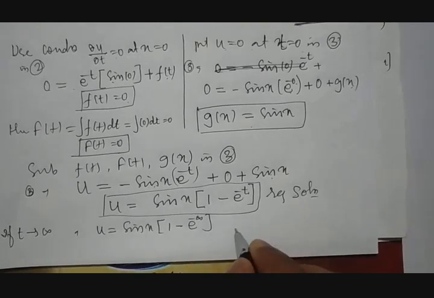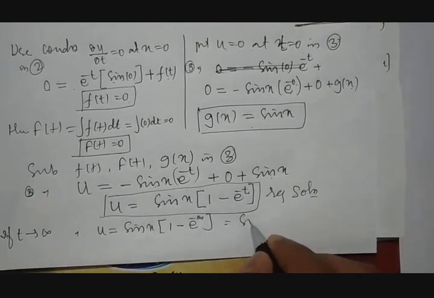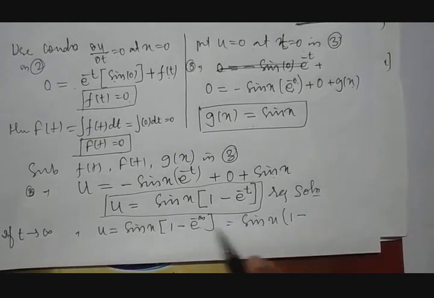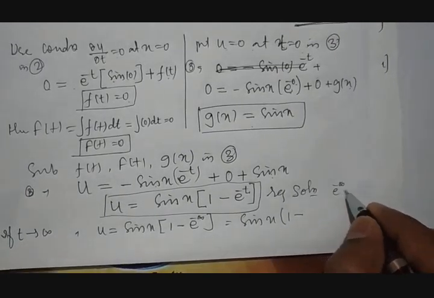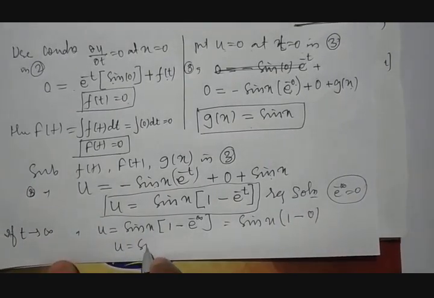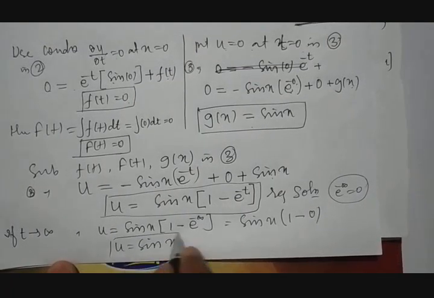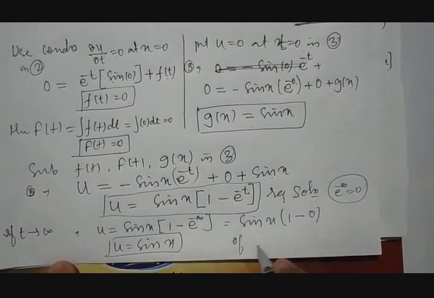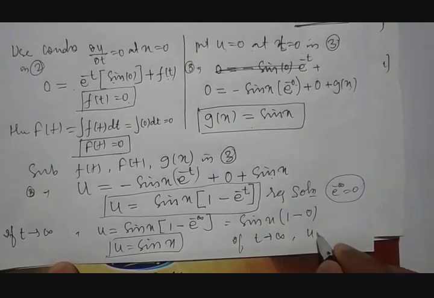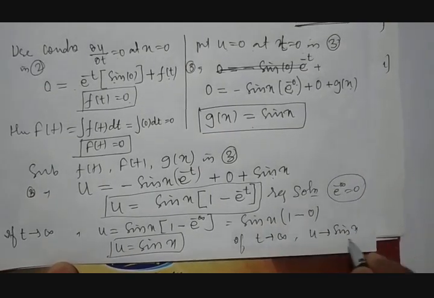And we all know the value of e raised to minus infinity is nothing but 0. Therefore, u is equal to sine x. Therefore, if t tends to infinity, then u tends to sine x.